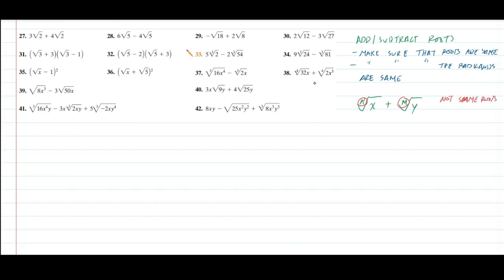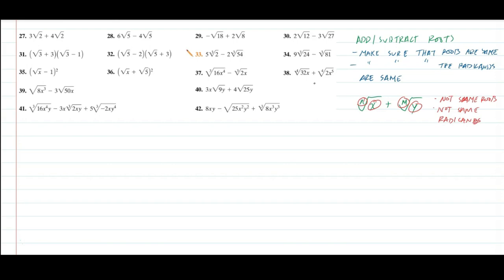That's the number one reason why you can't. Number two reason is because the radicands, those are called the radicands, so they don't have the same radicands. And because of that, you may not actually add and subtract them.